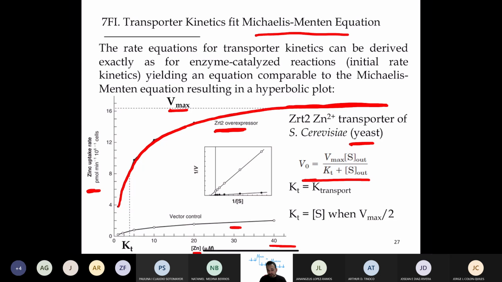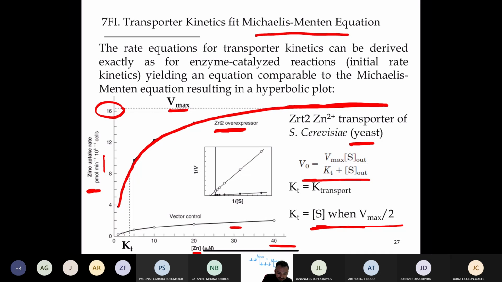There are a few different parameters that we're able to fit. For instance, this parameter here is the concentration of the solute at which you are facilitating half the maximum velocity. If you have a maximum velocity of 16 picomoles of zinc per minute in these given cells, then we want to determine at what concentration half of that happens.